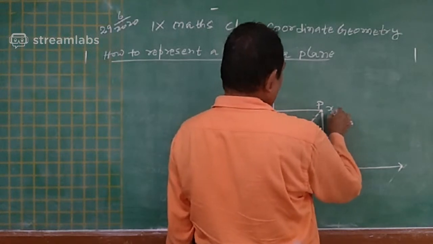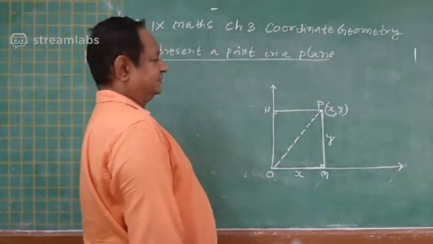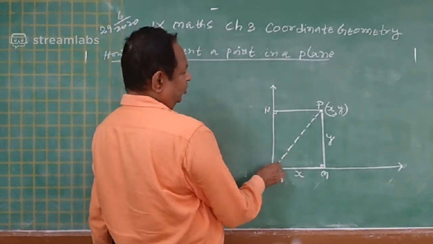So the coordinate of point P is (x, y), and O is the reference point, the origin.